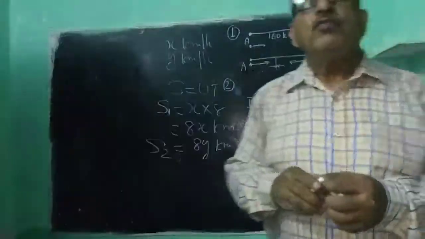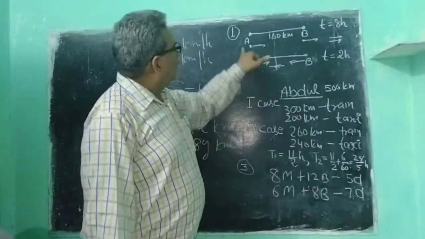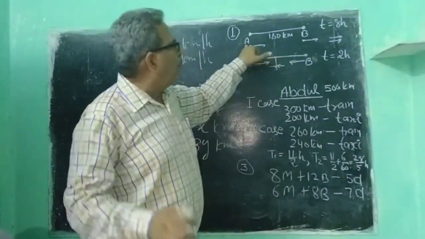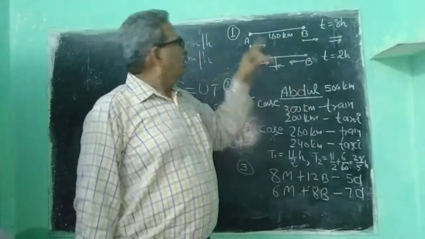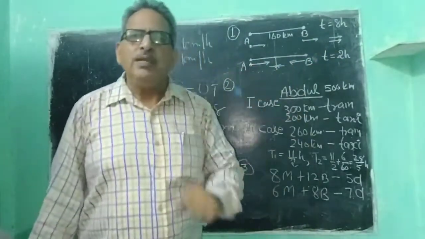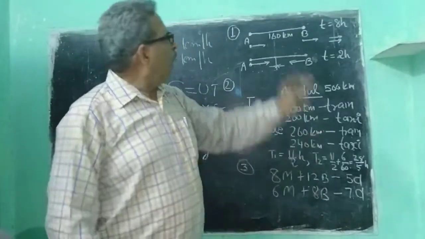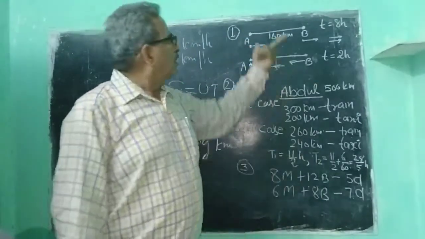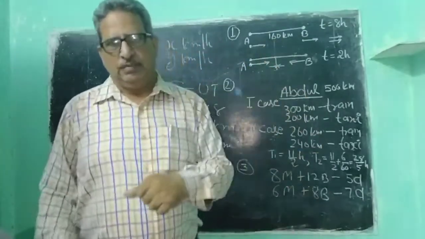Now here is one very important thing. Just see, car A first covered this 160 kilometer, then it met with the car which started from B. That means simply, the car from A covered 160 kilometer extra.